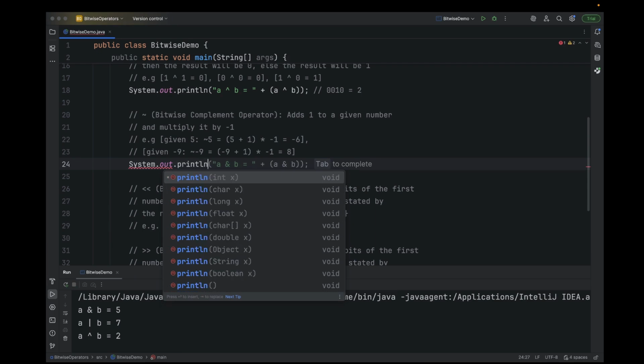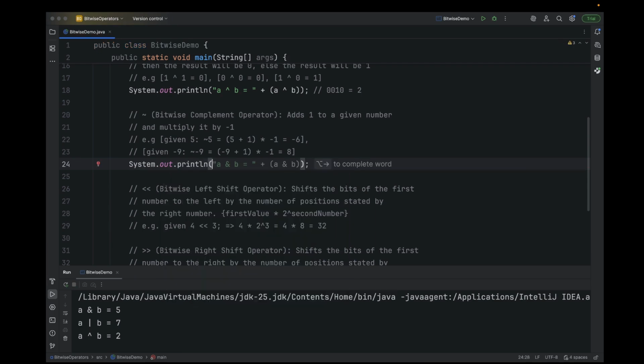System.out.println. So we are checking for ~5. Let's see what the result will show us.